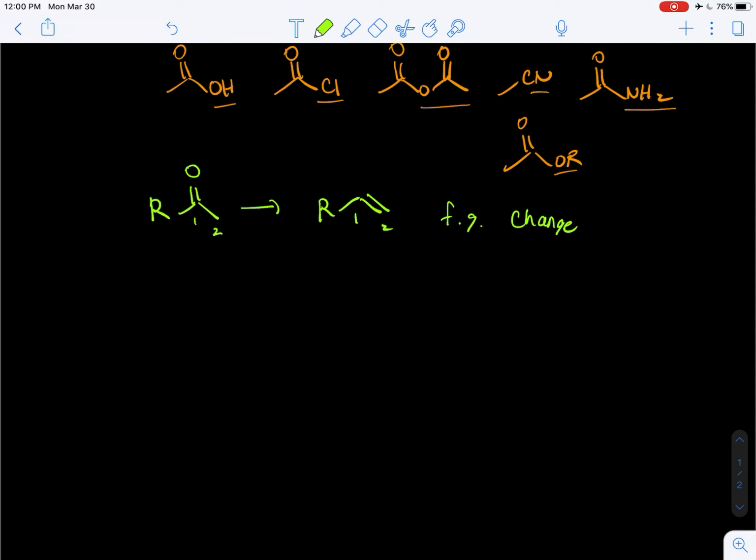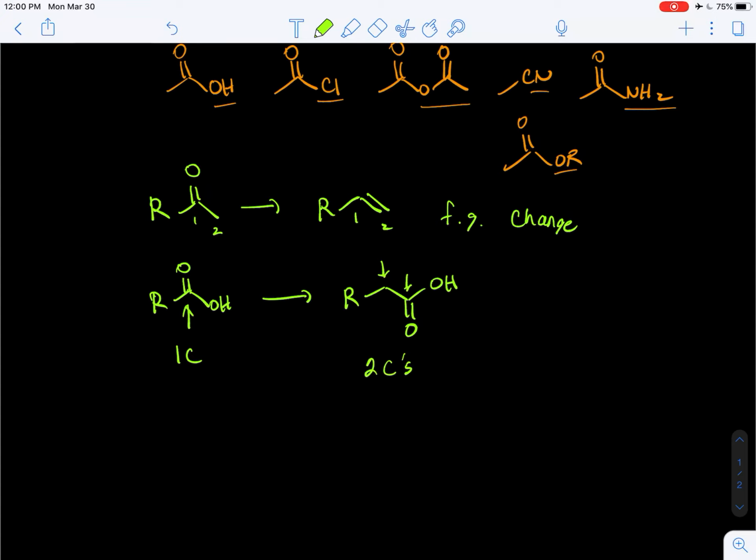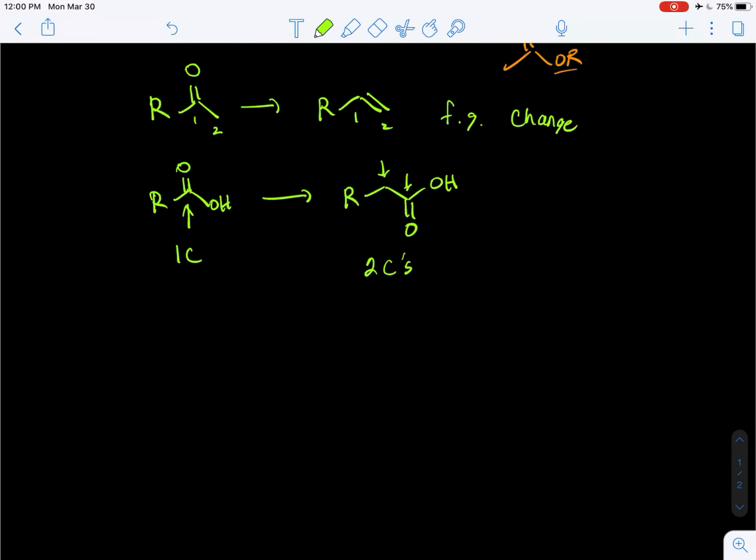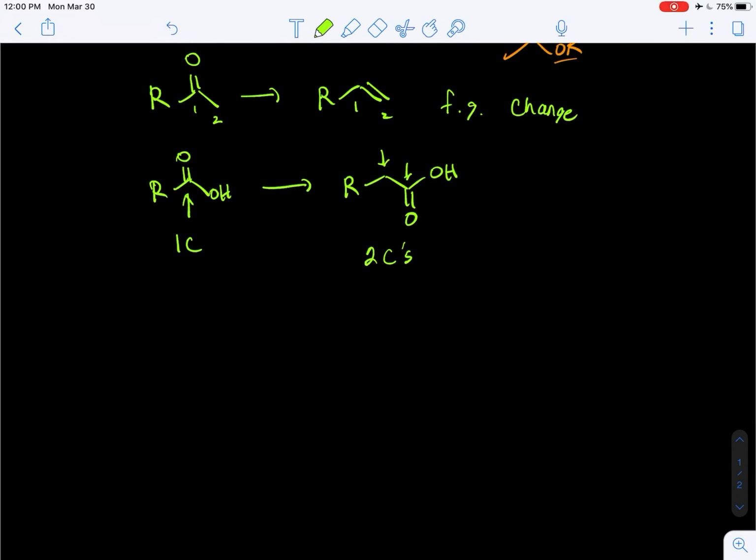Now, if you're going from something like this is an example of a carbon change. You have the same functional group. You have one carbon here, and you have two here. So you're going to have to introduce an additional carbon-carbon bond in some way. Okay. So that's the first step of the analysis, trying to figure out, well, how many carbons are there? Is there a functional group change, and so on and so forth.